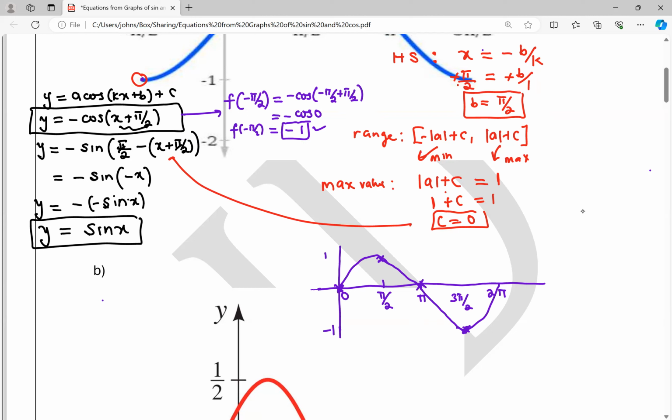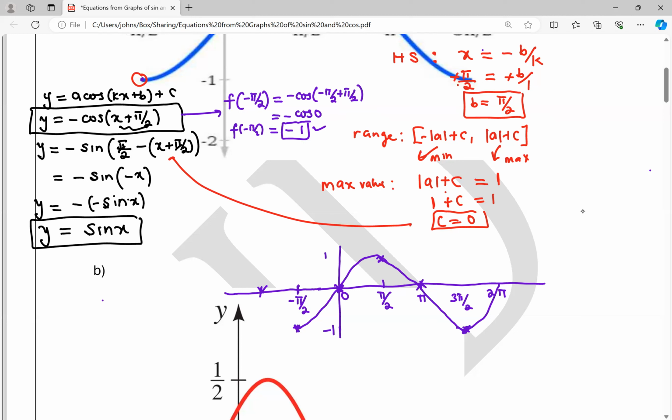But you see, if we extend the left-hand side here, if this is 0, definitely this is going to be minus pi over 2, right? So it means that if I have 0 here, then here it will have to come back to the minimum. So this is going to be the graph. And then if I have minus pi here, I will go back to baseline, then I go like this, right? It will continue.